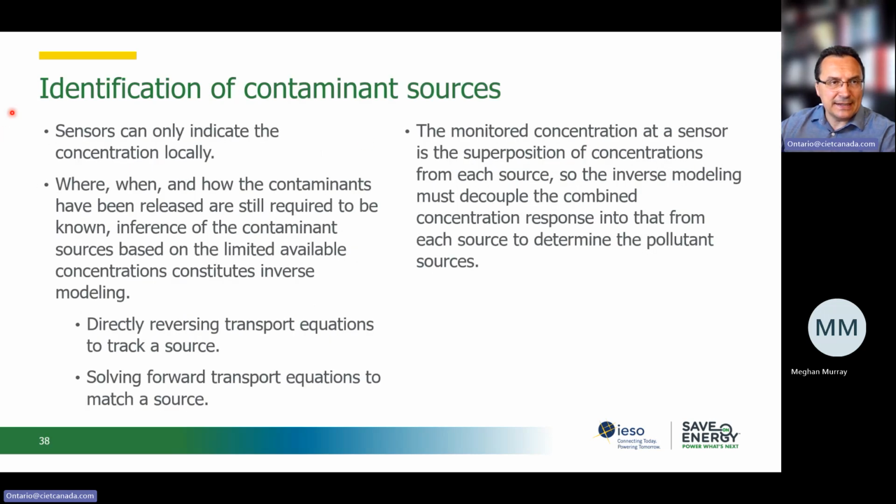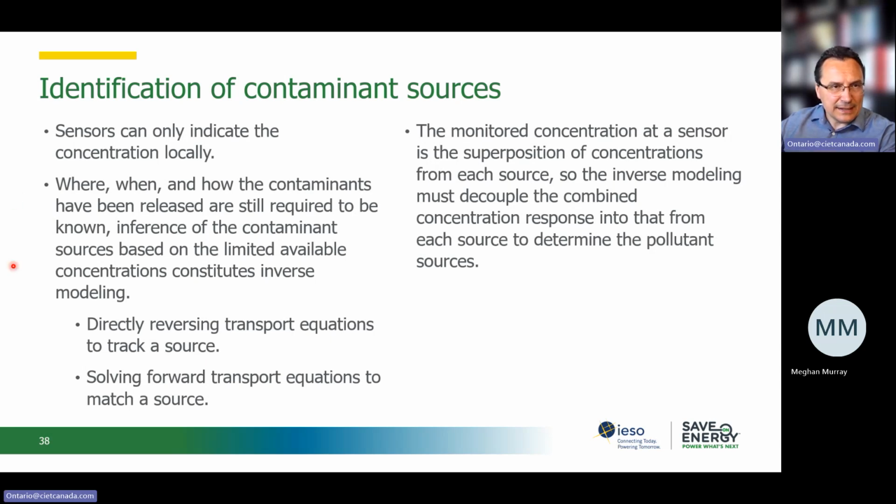So identifying the contaminant sources will include installation of sensors, so we can measure the concentration locally. We need to see when, how, where we have these contaminants released in the space.